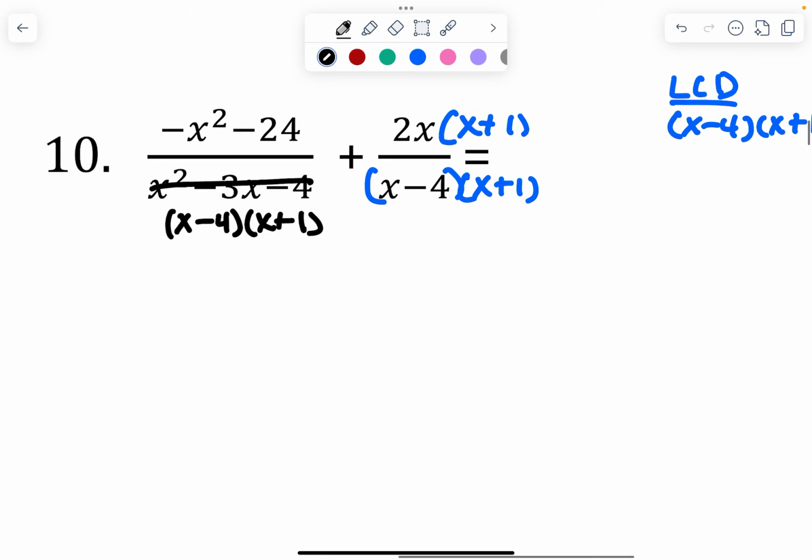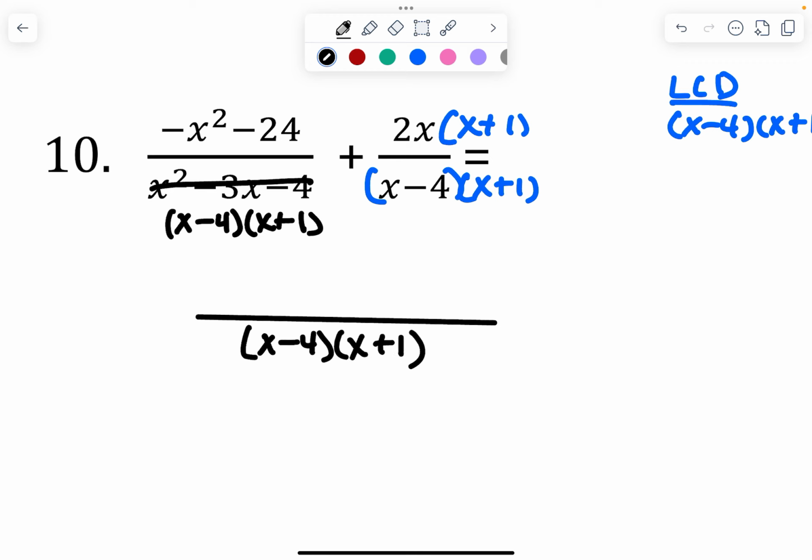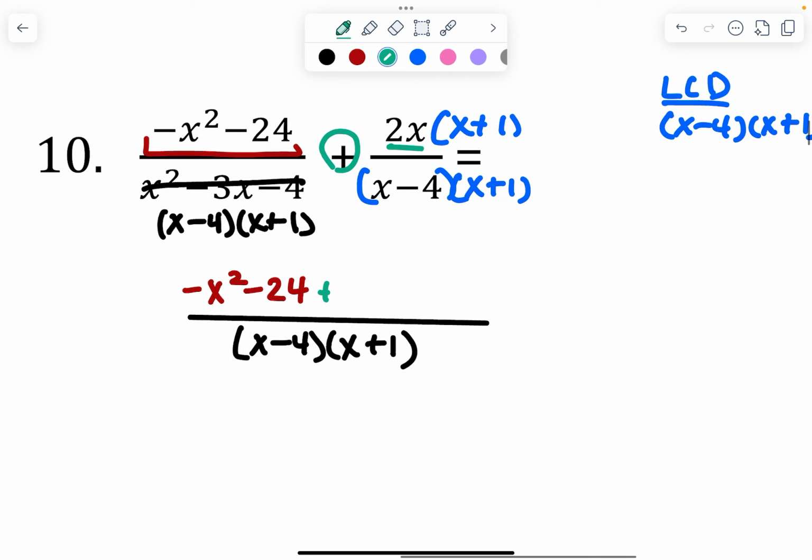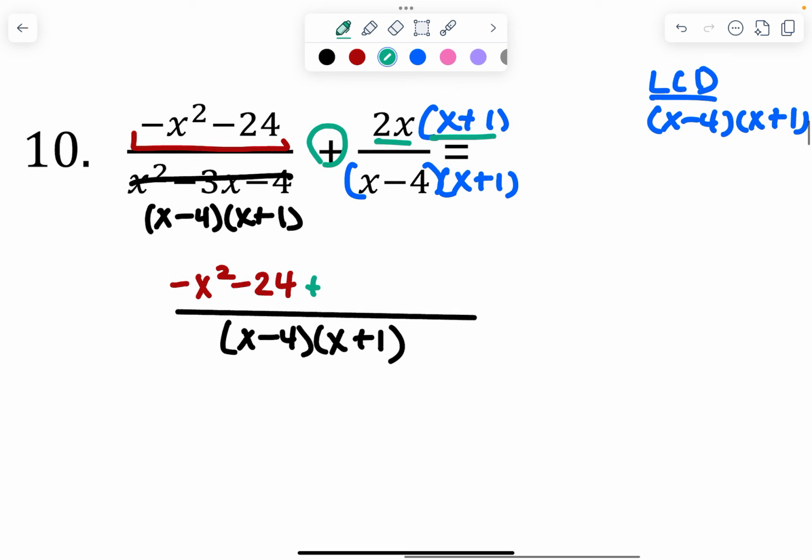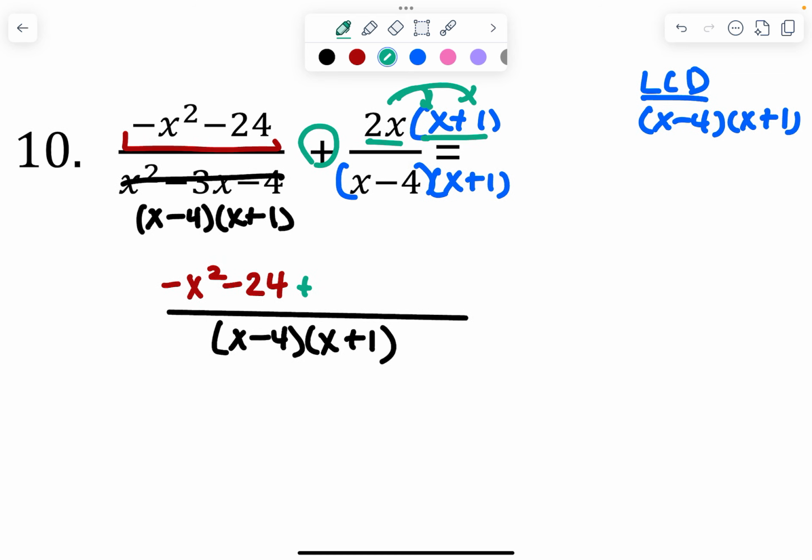So (x minus 4)(x plus 1). And then writing our numerator, have a plus sign. Then we have a 2x times an (x plus 1), which we can go ahead and distribute. 2x squared plus 2x. Careful distributing that 2x to the 1.